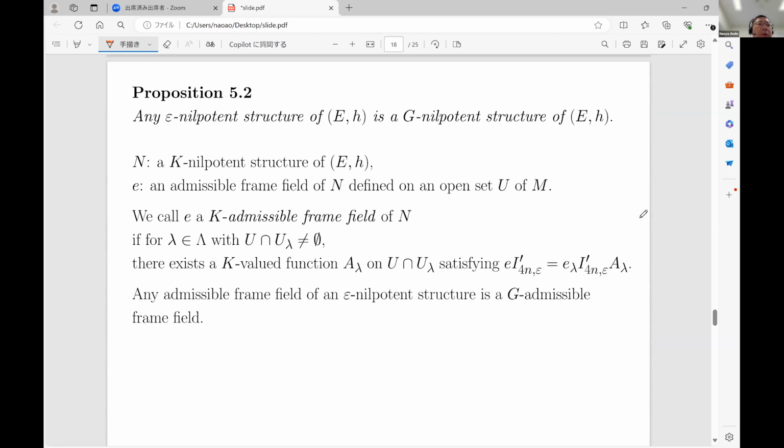Then we immediately obtain this proposition. Any epsilon nilpotent structure of EH is a G-nilpotent structure of EH.